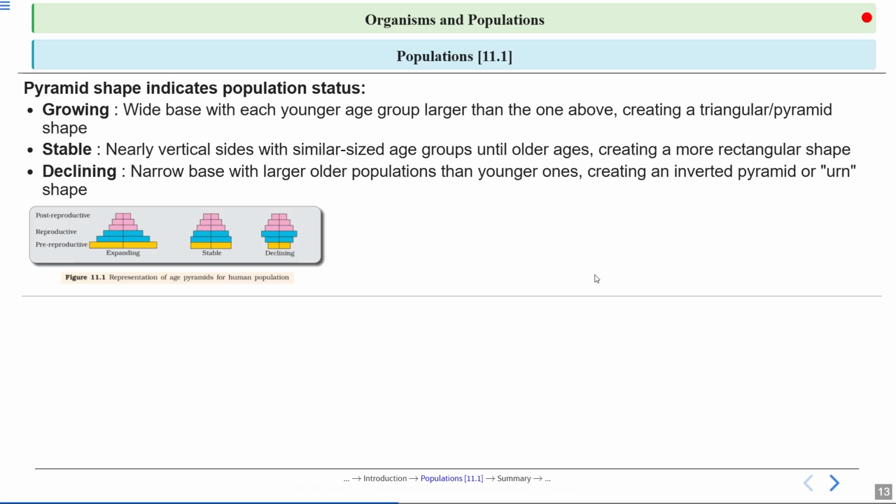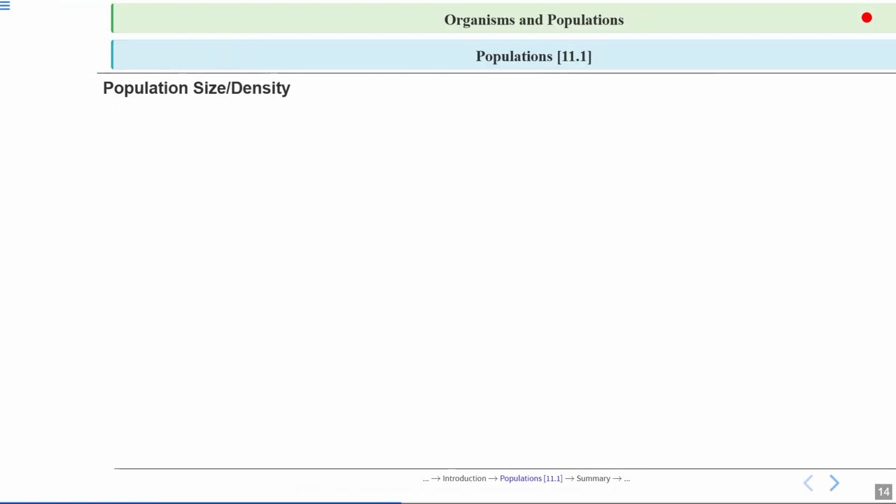That's why it is declining, because fewer individuals are in the pre-reproductive phase and more are in the post-reproductive phase. That's why it has a narrow base.